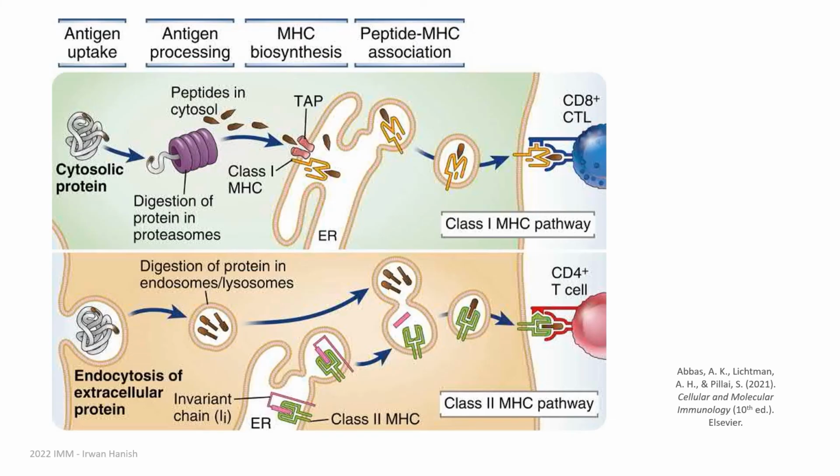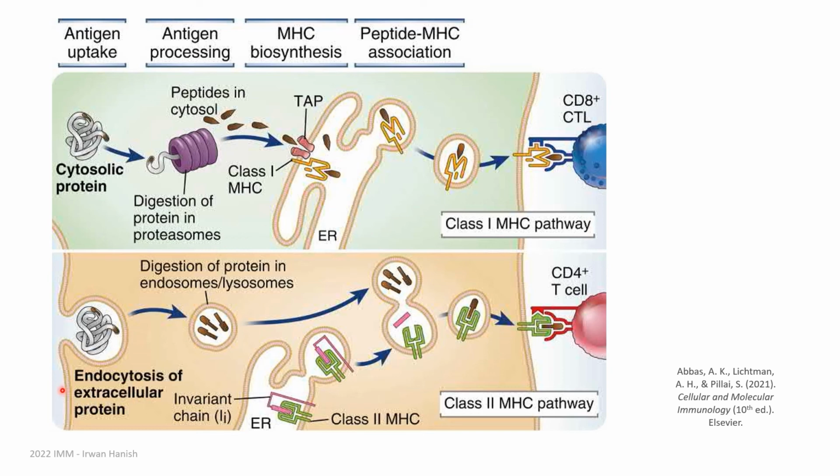So again, cytosolic proteins will be taken up by proteasomes and get degraded. The peptides will be transported into the endoplasmic reticulum through a transporter protein called TAP. In the ER, the peptide, which is the antigen, will bind to class 1 MHC and then be transported and displayed on the surface to activate CD8 positive T cells.